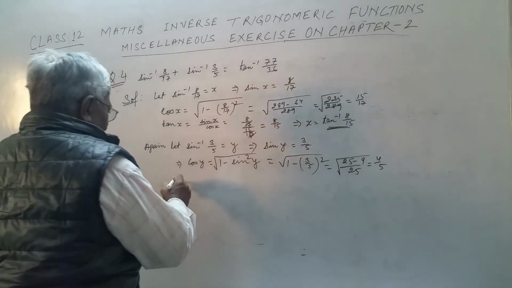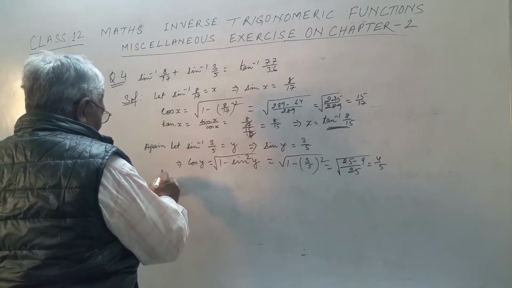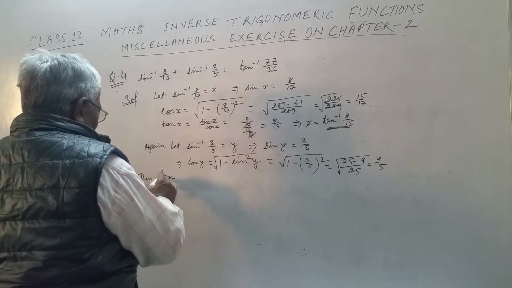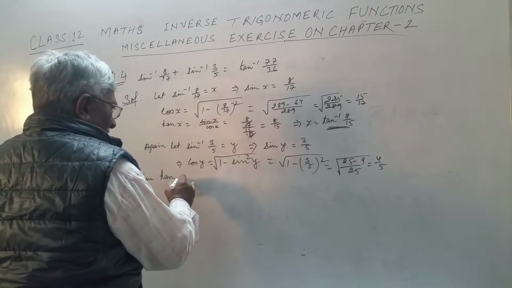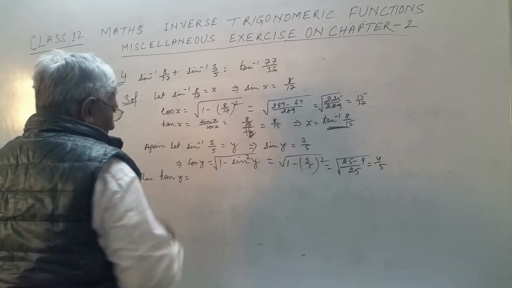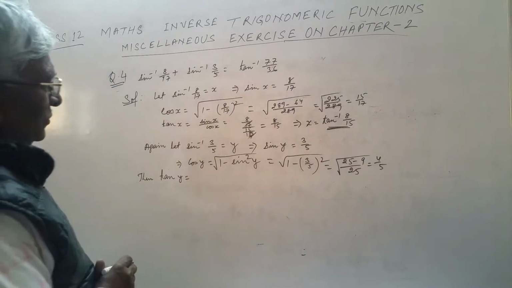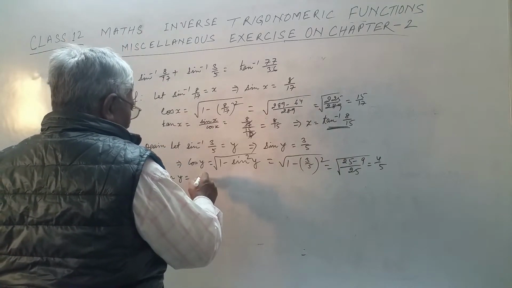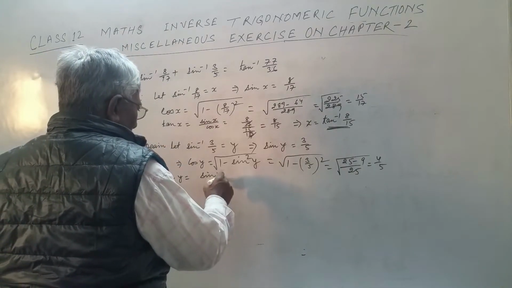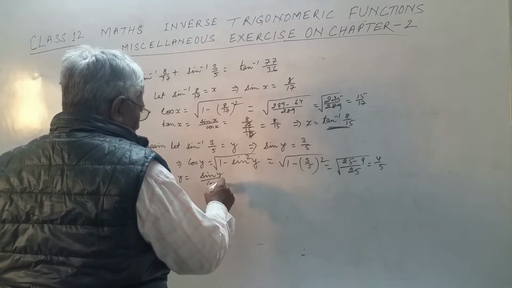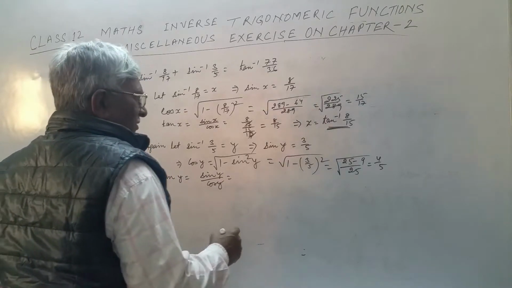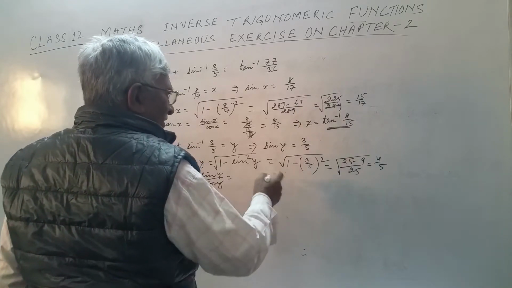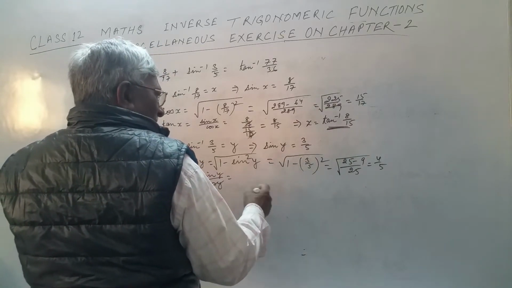Then here again, tan y. Then tan y is equal to, what will be the result? Tan y will be equal to sine y upon cos y. You must remember this one. And I think you might have remembered all these very silly things. Okay.